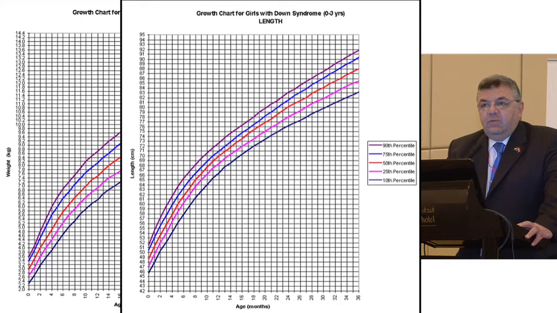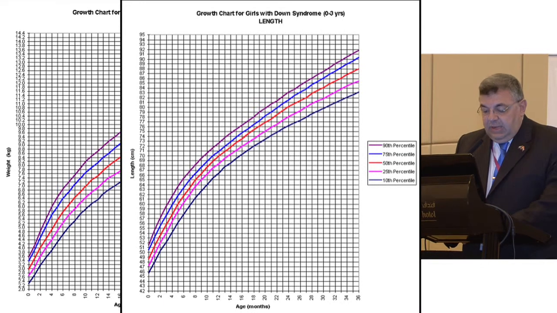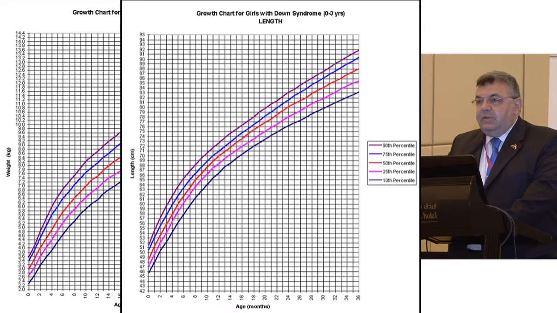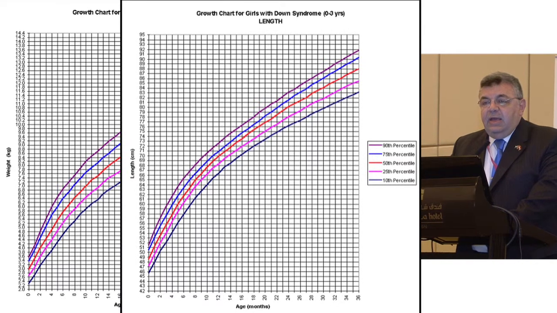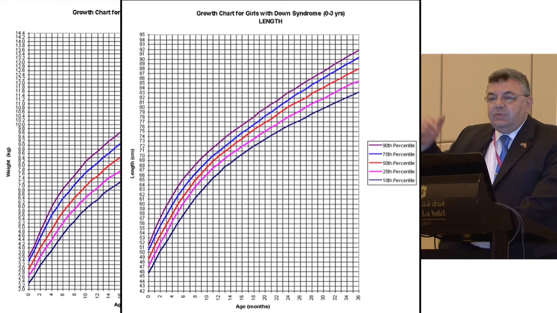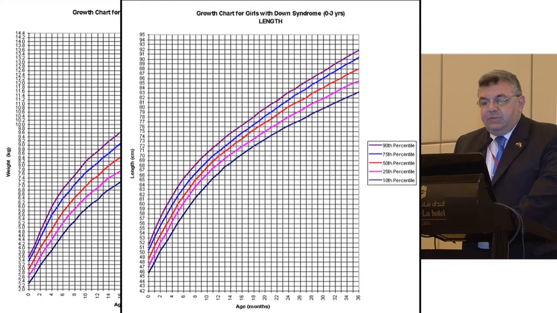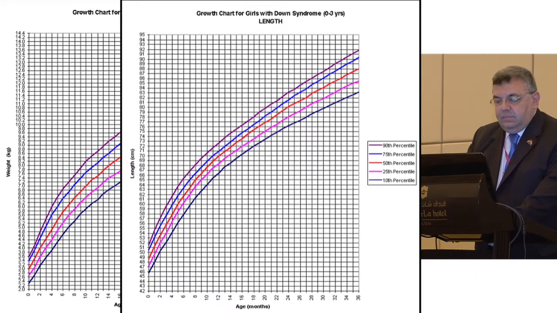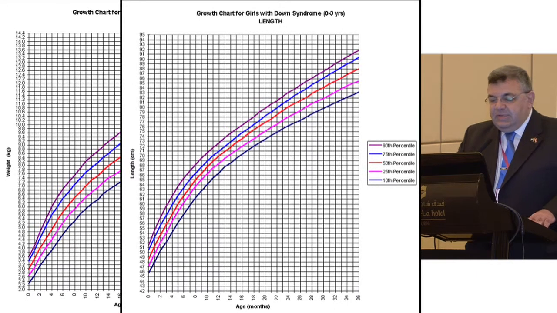The first one had 5 centiles, as all growth charts are between the 10th centile and the 90th centile, but it was updated to the 2nd centile and 98th centile, and the last one is 0.4 centile up to 99.6 centile.